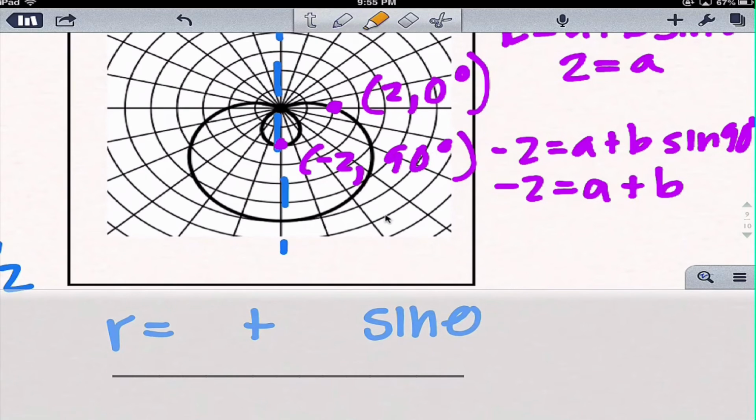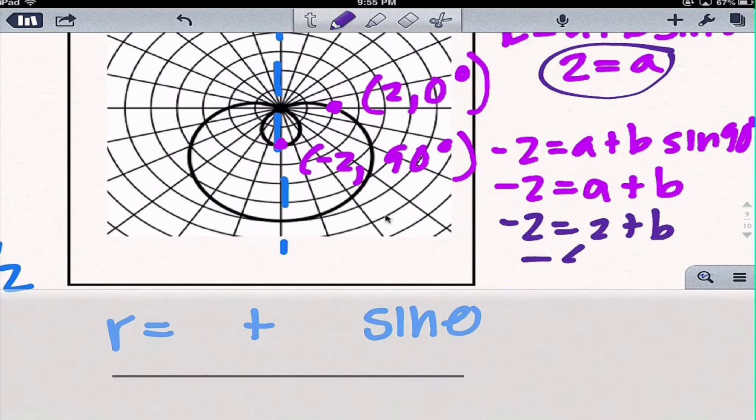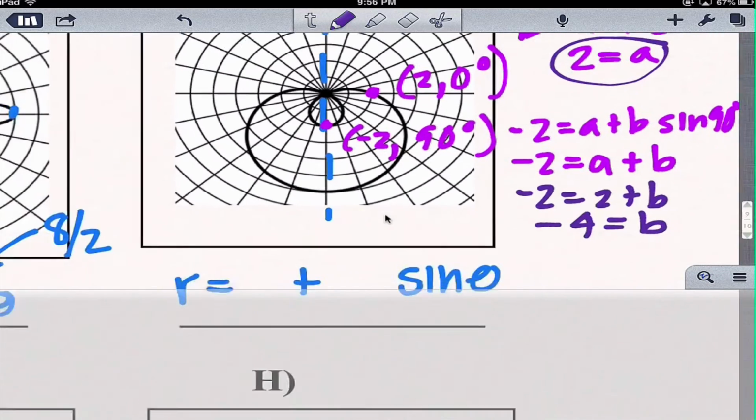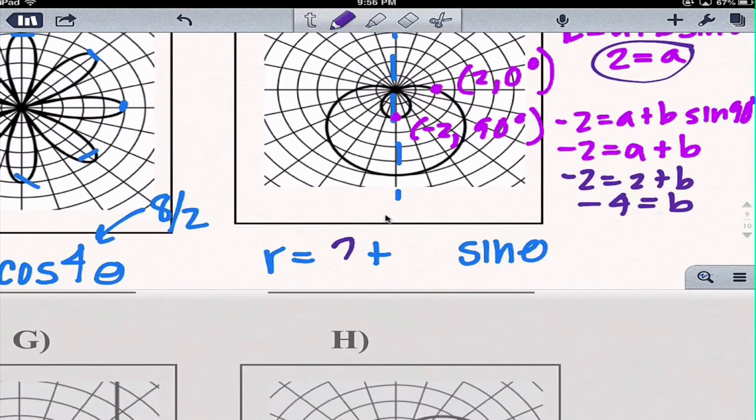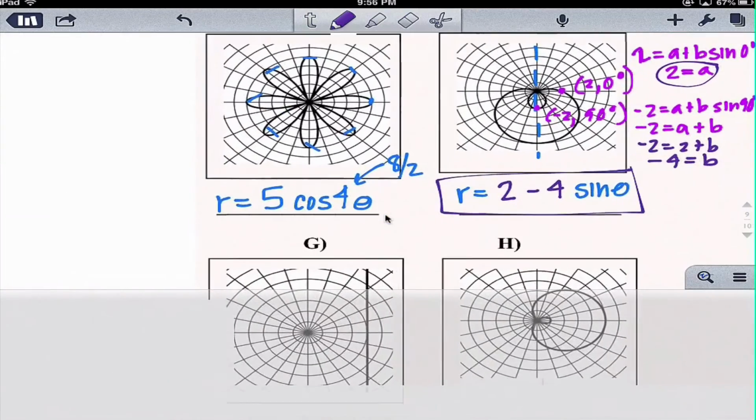So I'm going to go ahead and substitute 2 in for a. So I have negative 2 equals 2 plus b. Negative 4 is b. So my equation is going to be r equals 2, and instead of plus, I'm going to write minus 4 sine theta. Now a good check, since it was an inner loop, the absolute value of the b value should be bigger than the absolute value of the a, and in this case that is true.